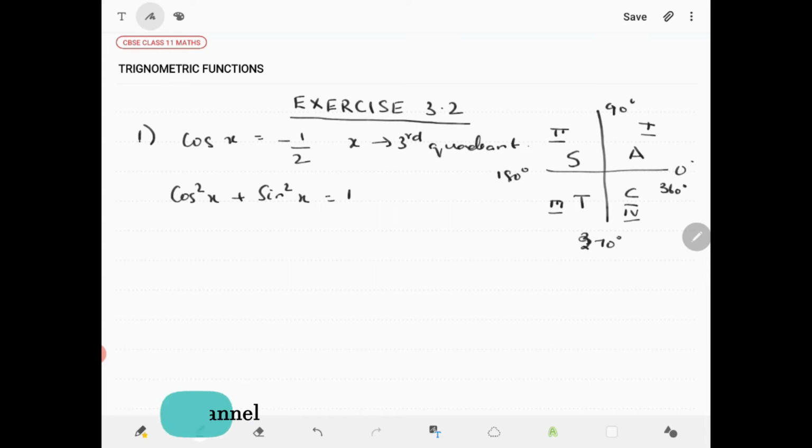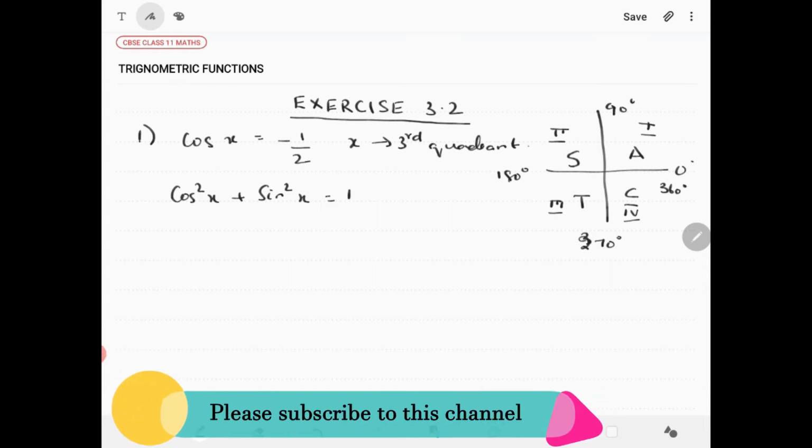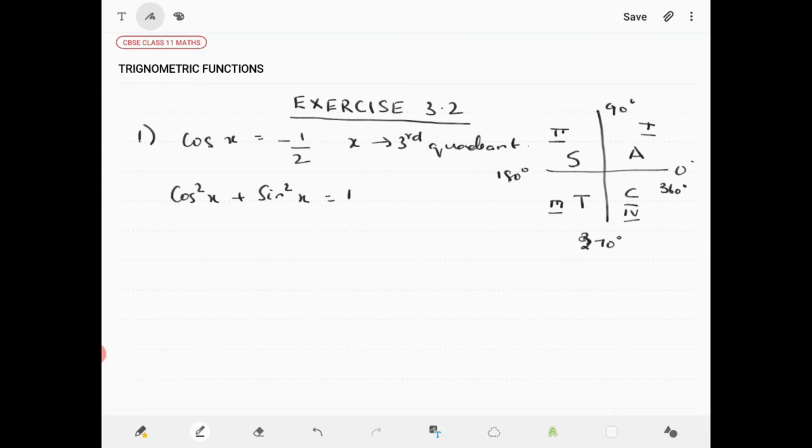So with the help of sin x and cos x, we can determine the other trigonometric functions like secant, cosecant and cot. After that we have to apply the sign as per the quadrant. So this lies in the third quadrant, which means x belongs to between pi and 3 pi by 2.